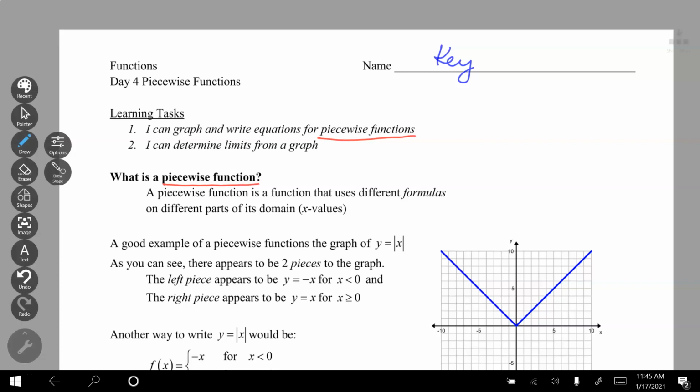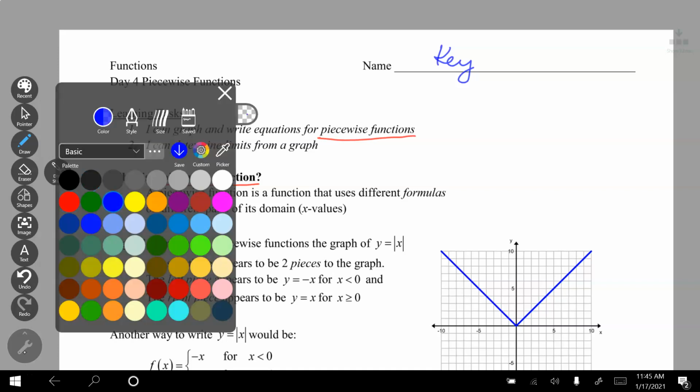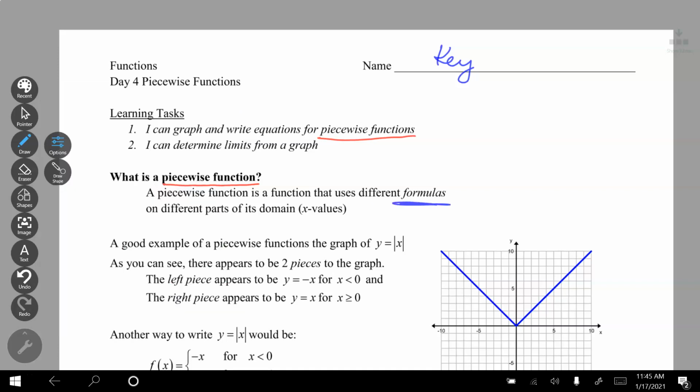A piecewise function is a function that uses different formulas on different parts of its domain. So basically a piecewise formula looks like this: f of x equals, and usually you start with a squiggly bracket, and we have formula number 1 for domain number 1.